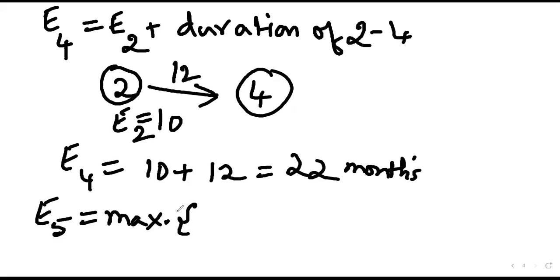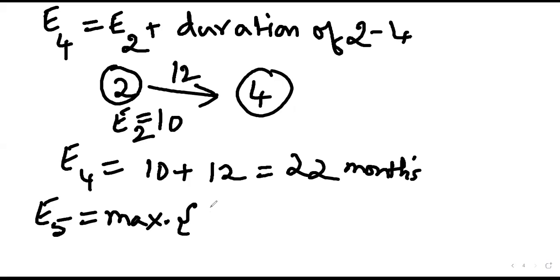Otherwise, the project manager cannot start on the minimum day, because the other 2 activities are still running. So E5 cannot be the minimum value, it has to be the maximum value.